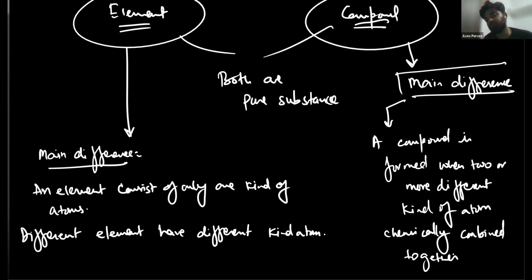You understood? Everybody understood? Rumaisa, Avani? Yes, sir. Munir? Yes, sir. What is the main difference? An element consists of only one kind of atoms.